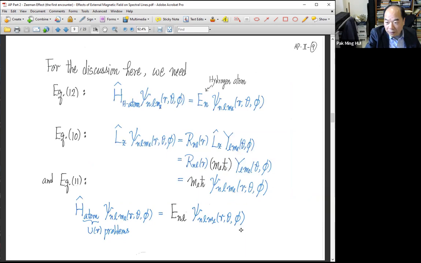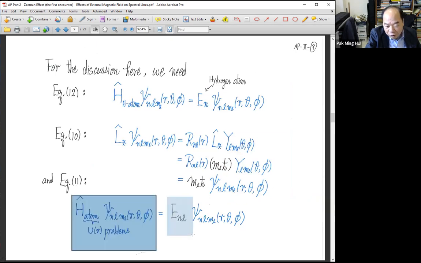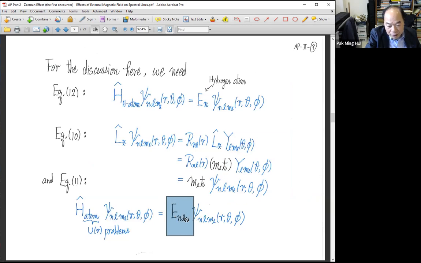And more generally, if you have an atom that is not hydrogen, the atom part will give us an energy that depends on n and l. For example, 2s is 2, 0, okay? 2p is 2, 1, all right?